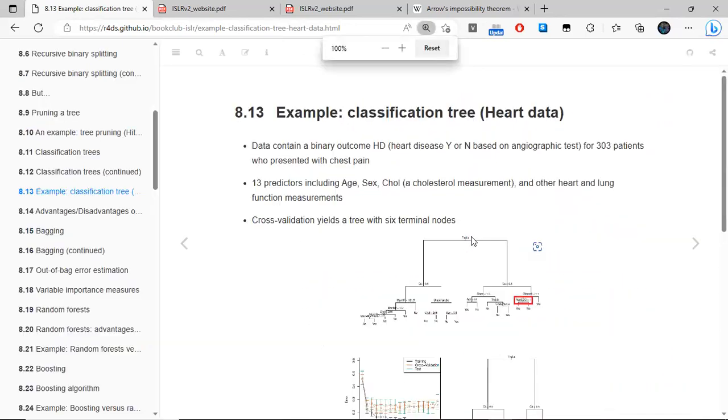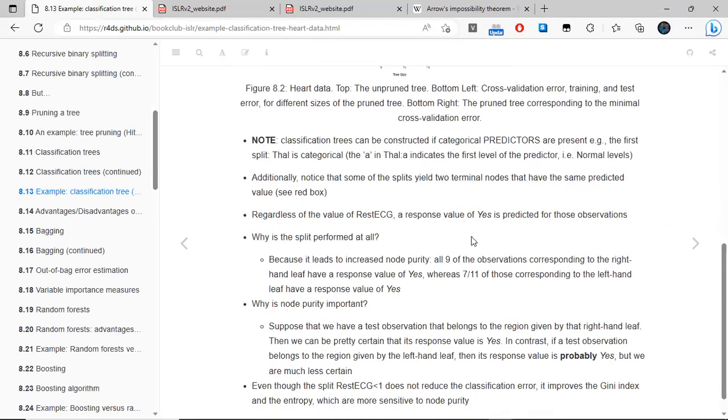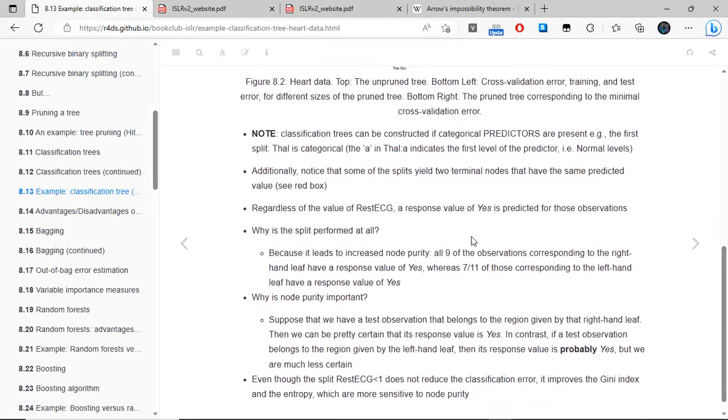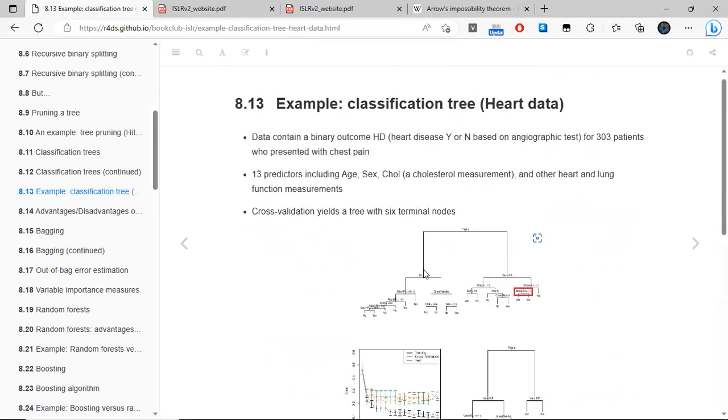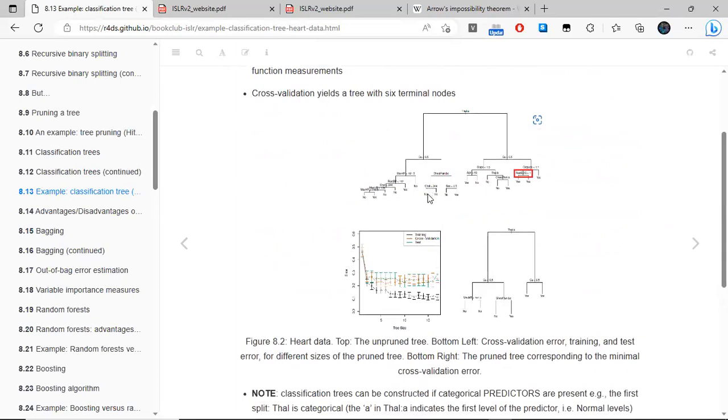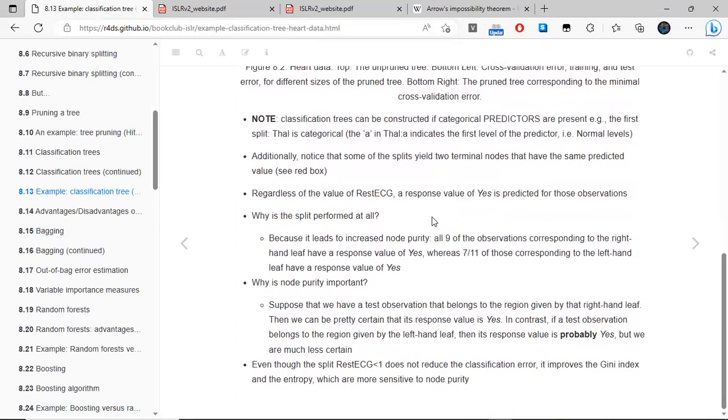It's explained over here, and it has to do with node purity and how confident we can be of our prediction. For the observations in one of those regions, all of them had a class of no. So in that case, you can be very confident that the prediction would be a no.